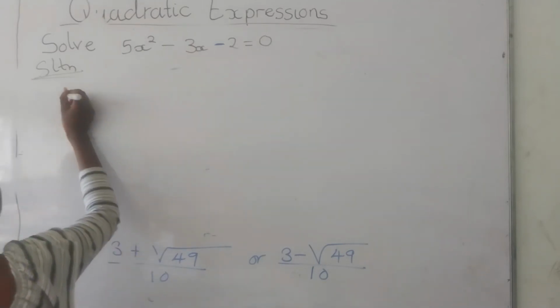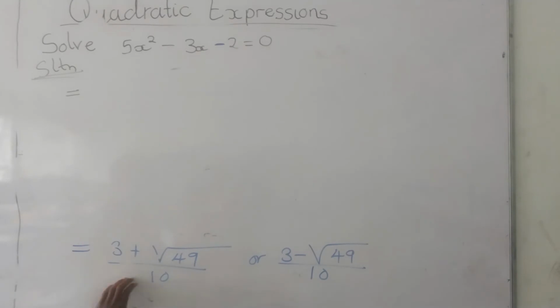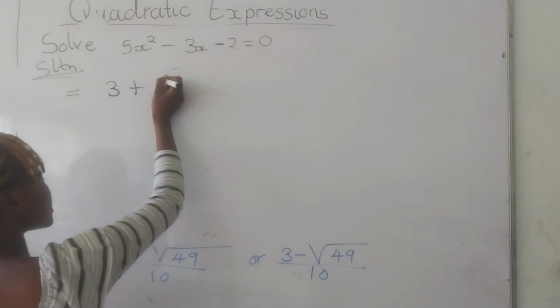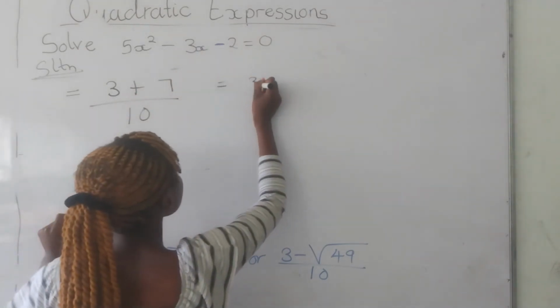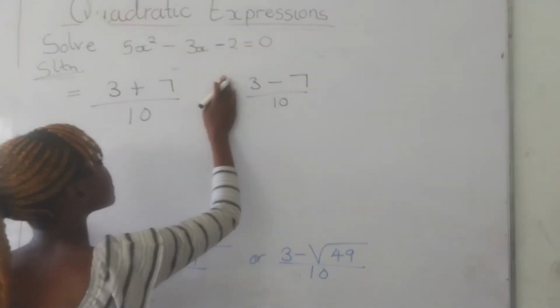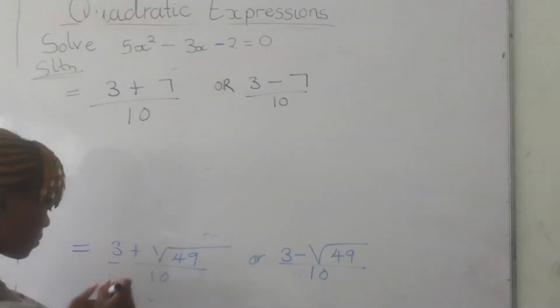What do we get? 3 plus root of 49, we get 7, right? Over 10, and 3 minus 7 over 10. This was for this part and this one for this part.